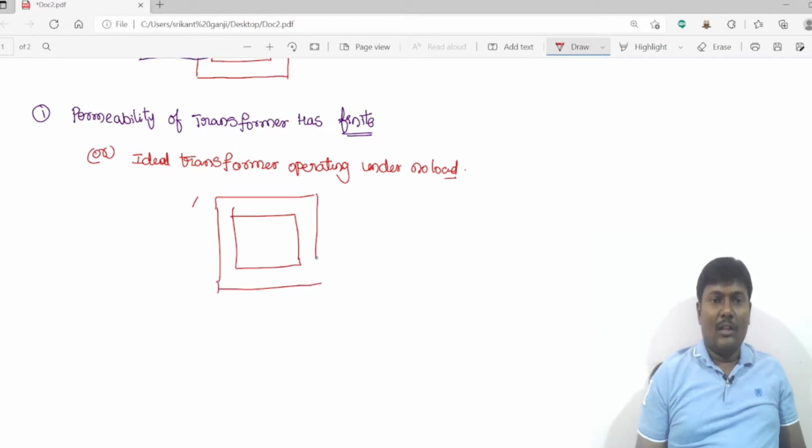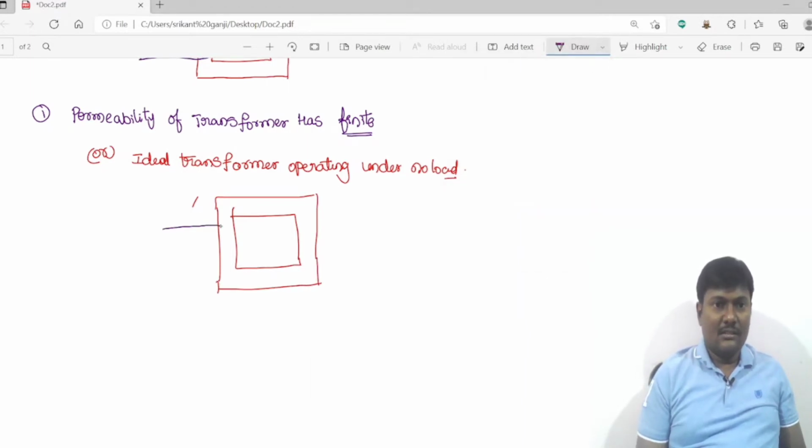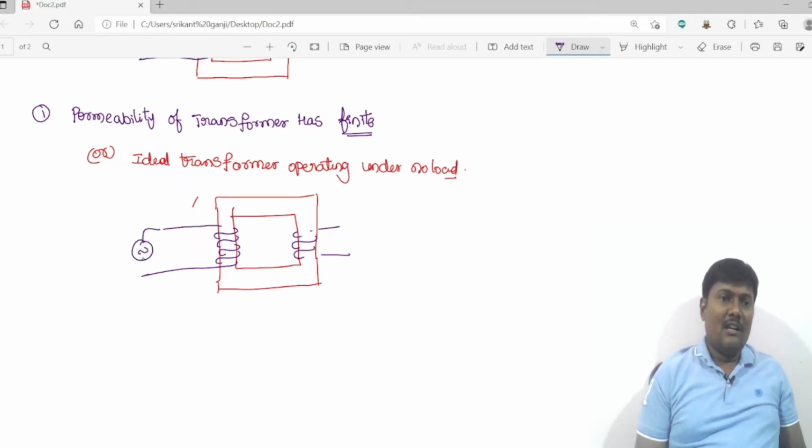So this is a core type of transformer. Again I am drawing this. The coil is wound like this: the primary winding and the secondary winding. I am giving a sinusoidal voltage. Since it is a closed circuit, alternating current flows, which will produce an alternating flux in the transformer core.